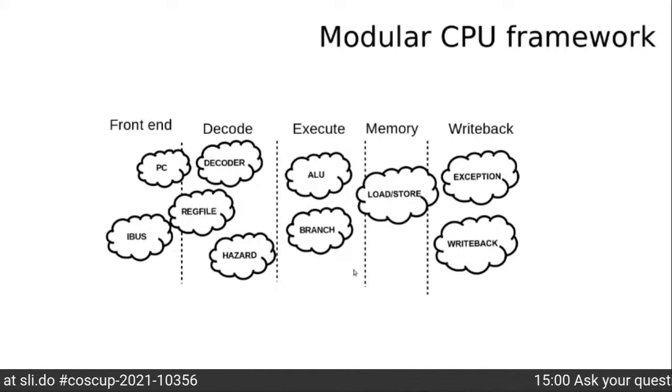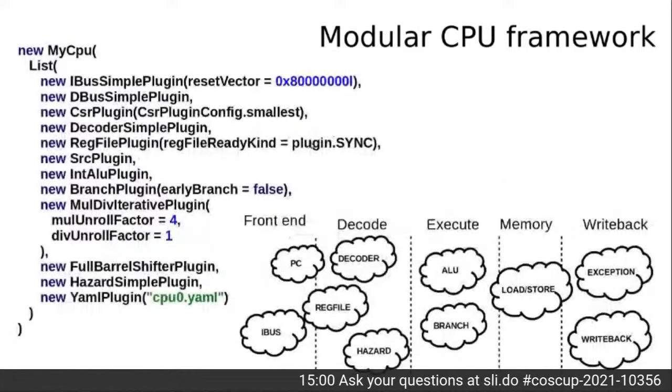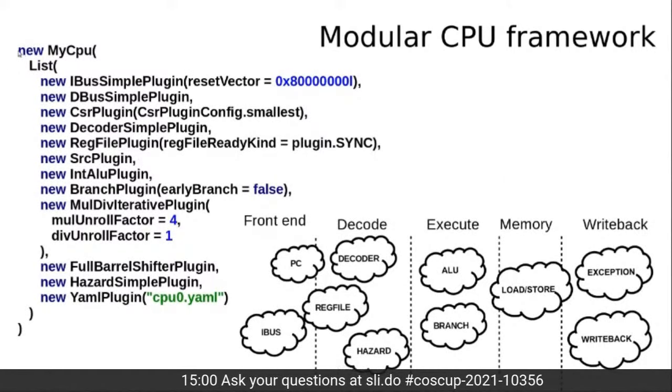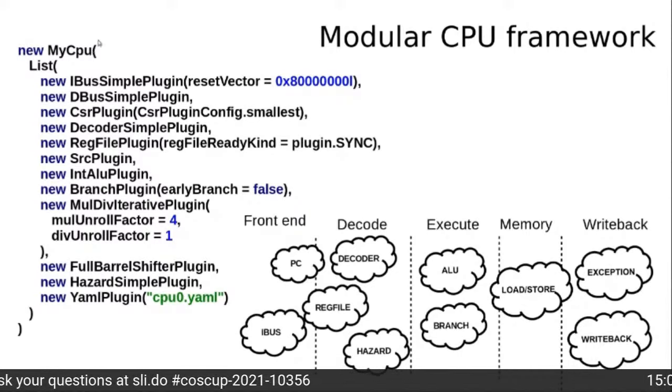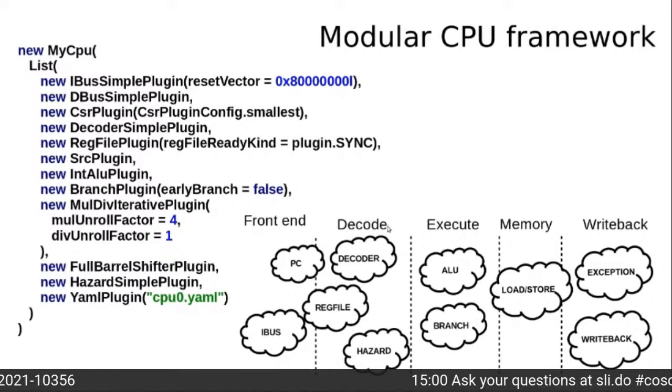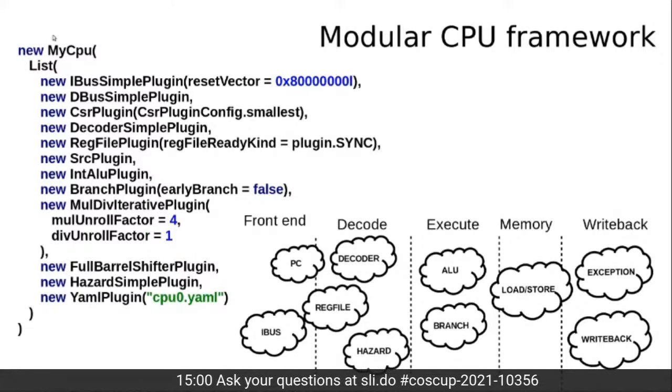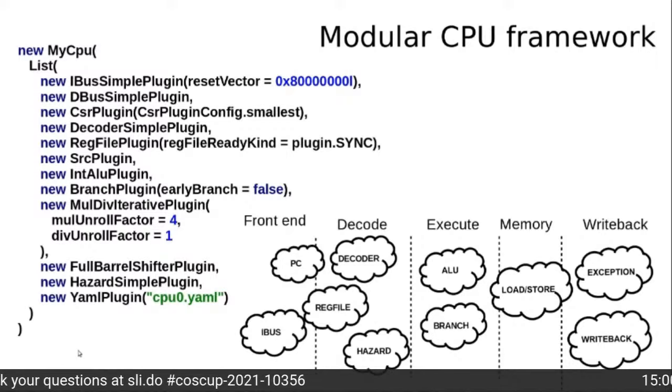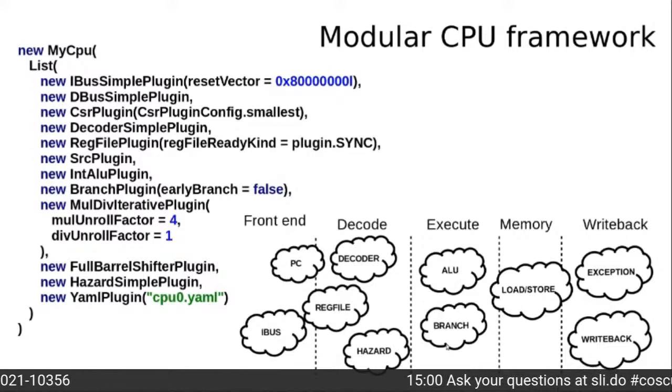So when you think about it, if you try to structure it, you can think like, okay, let's say I want to create a new CPU, which will internally define that there are those stages: decode, execute, memory, write back. And we will provide to this CPU as a parameter a list of plugins which will implement those behaviors.